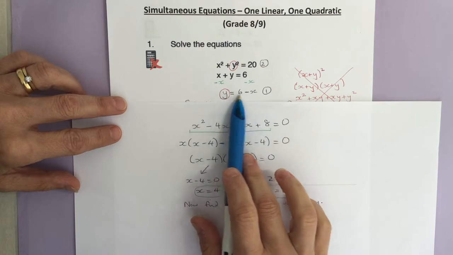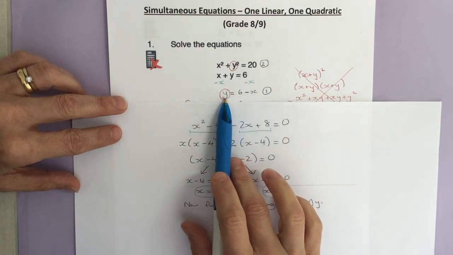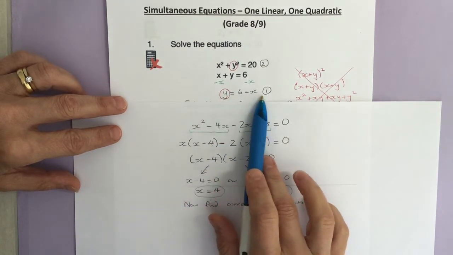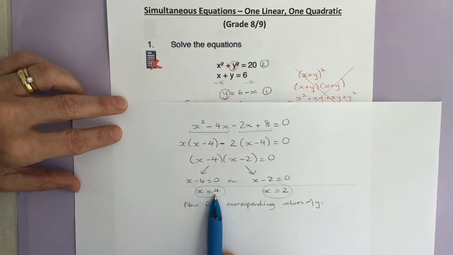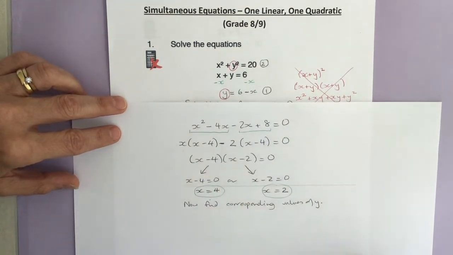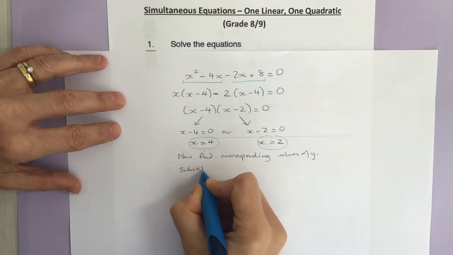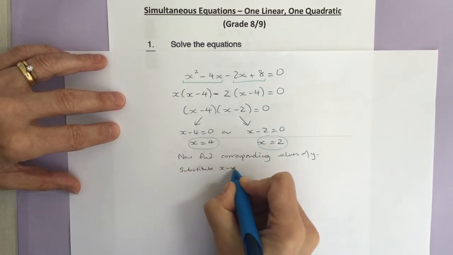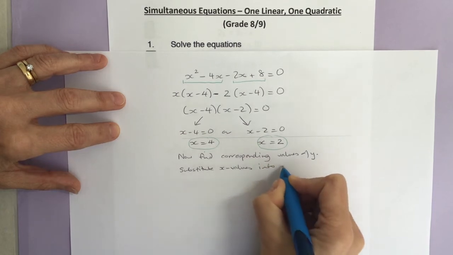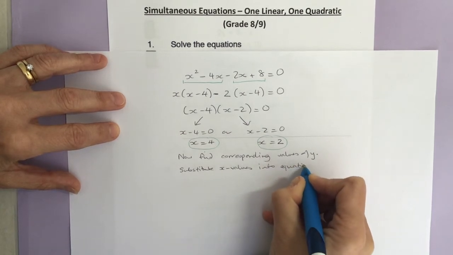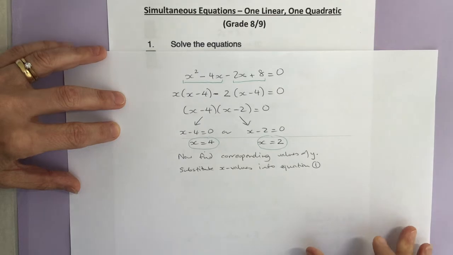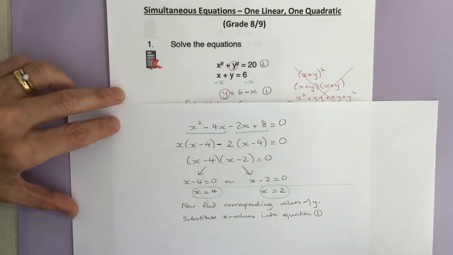And actually, I'm going to use the one that I've rearranged because I've already taken the x away from this side and got y as the subject. So that's what I'm going to do. I'm going to substitute these x values into this equation. So substitute x values into equation 1. And I'm telling the examiner what I'm doing, so even if I make a mistake, I'm still going to get some method marks here because they can see what I'm trying to do.